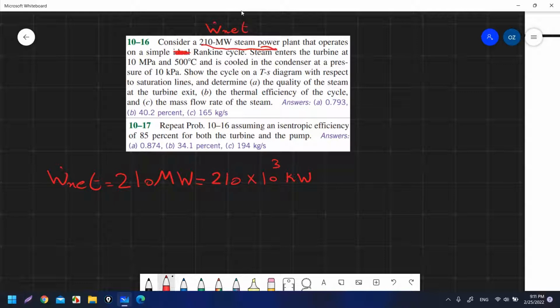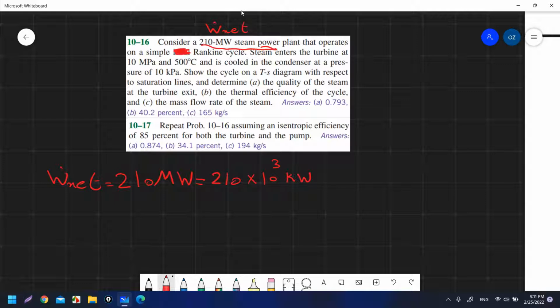We will ignore this. There is a modification for question number 16, which is question number 1017, that assuming that we have an isentropic efficiency of 85% for both the turbine and the pump. So when the isentropic efficiency is mentioned in the question, that means that the question is about the actual Rankine cycle.